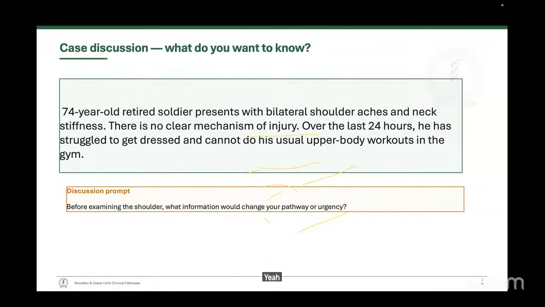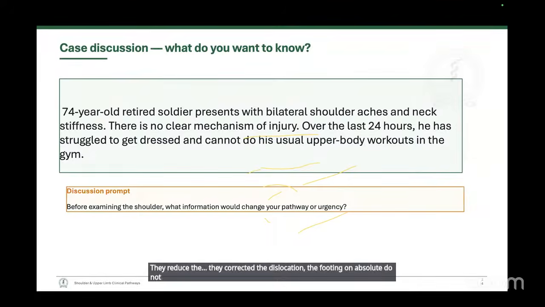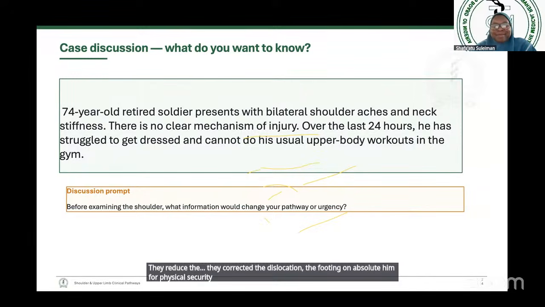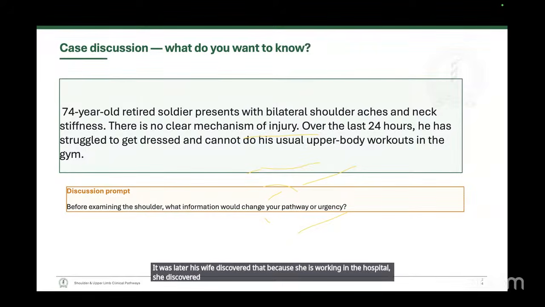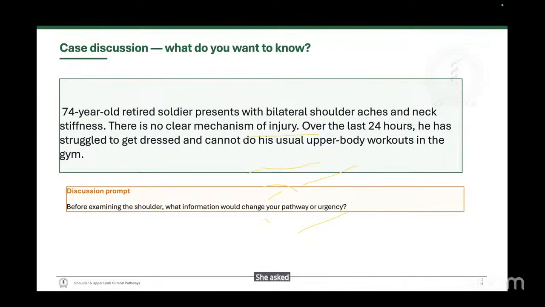So he went straight and they reduced the dislocations. They put him on arm's length because they did not refer him for physiotherapy. It was later his wife, who works in the hospital, discovered that the man needs physiotherapy, so she asked him to come down for us.